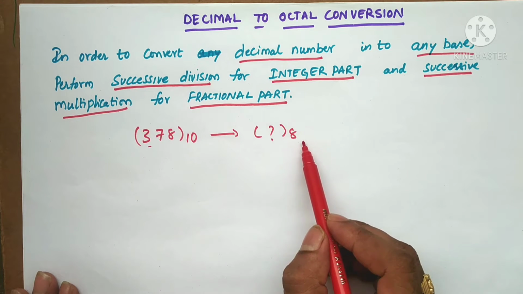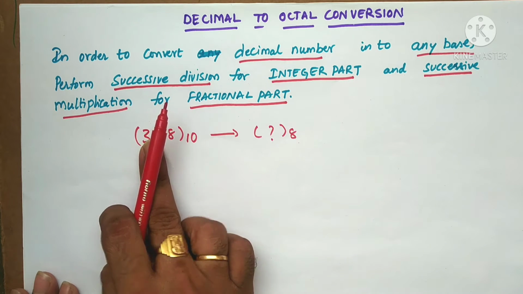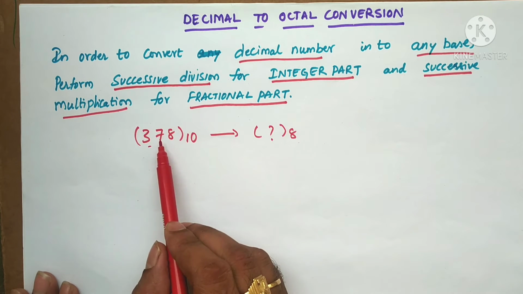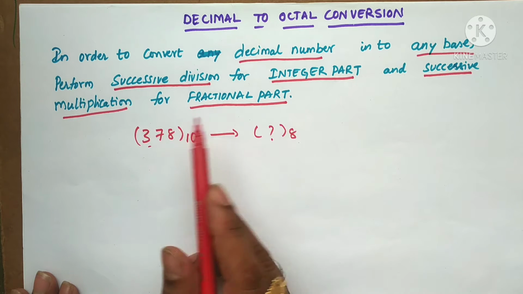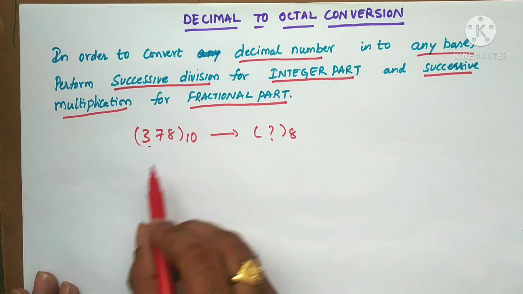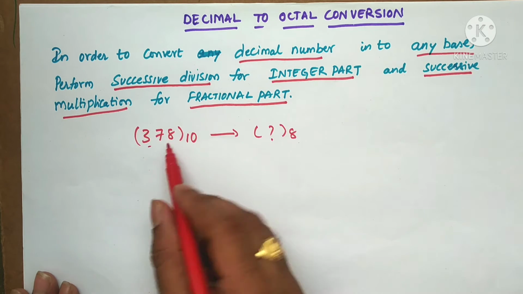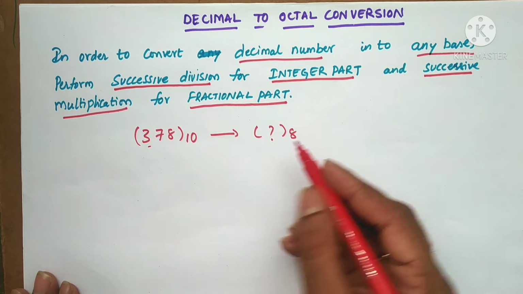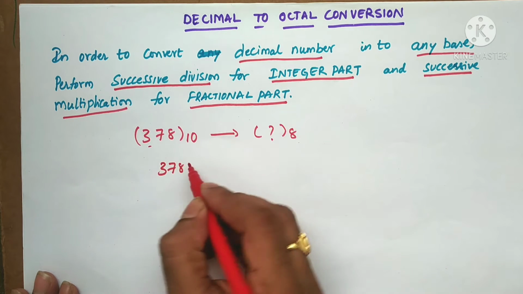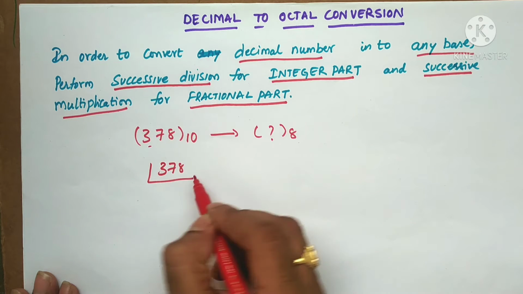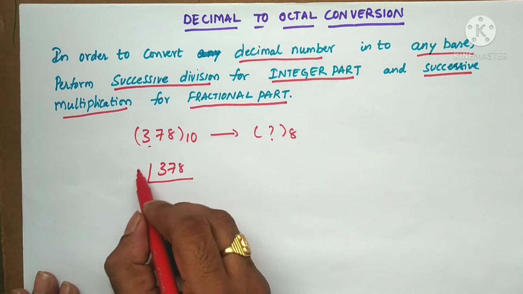If I want to convert this into base 7, then we have to perform successive division with base 7. Now we want to convert this decimal number into base 8. So take this number 378 and divide it by base 8.